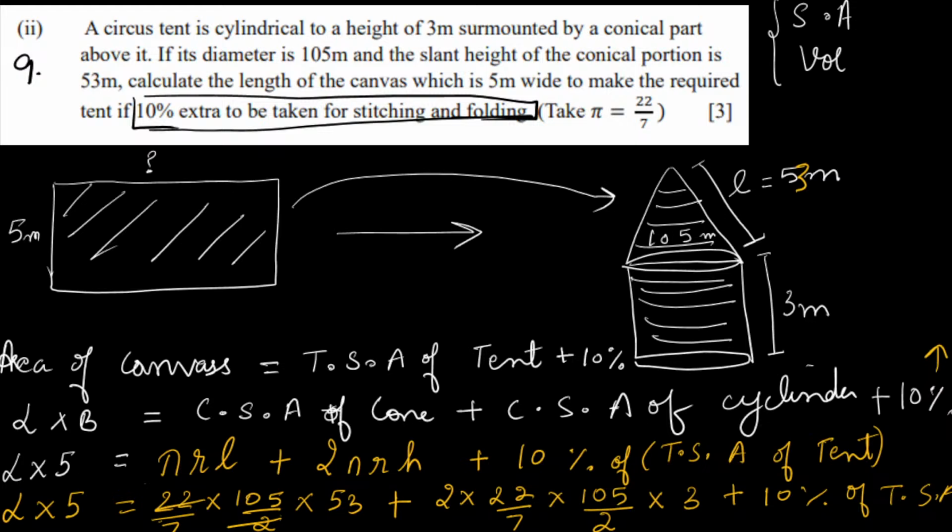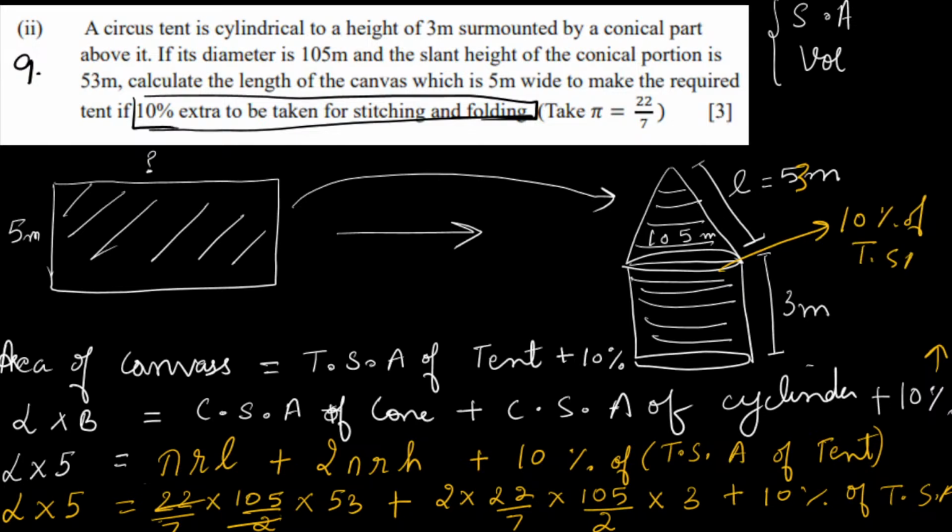So length we had to find. If you're getting this type of question, always remember you have to use the concept of surface area. Here 10% extra is written, so 10% of this we have to add.